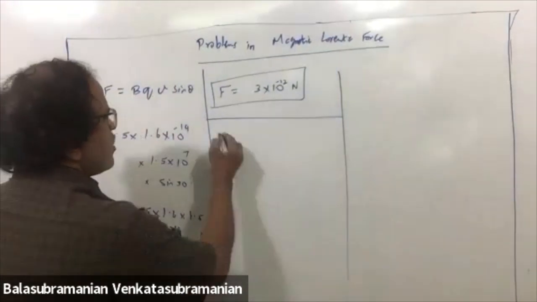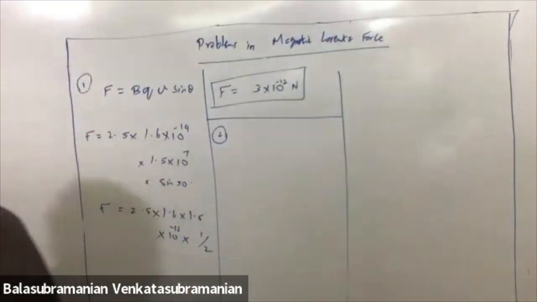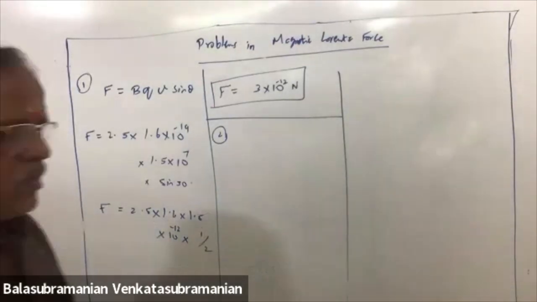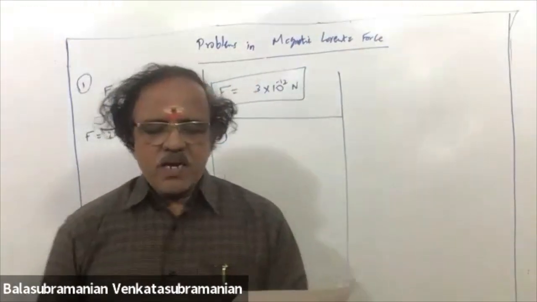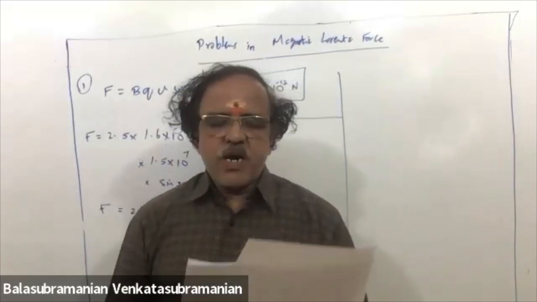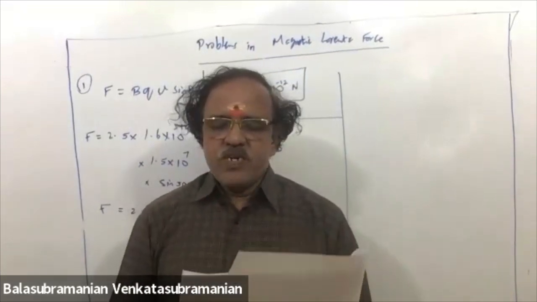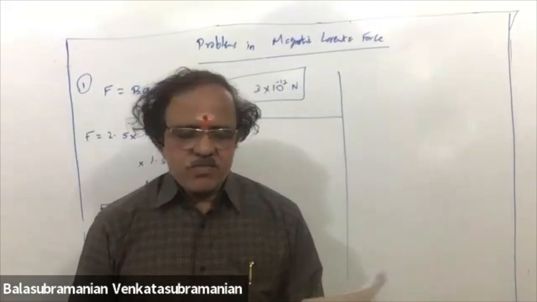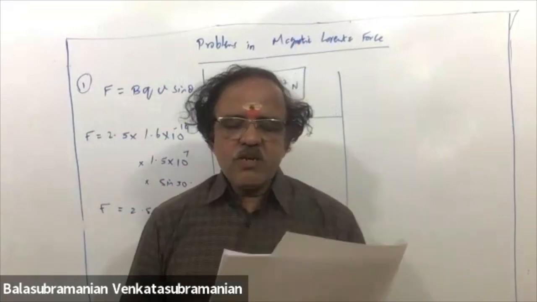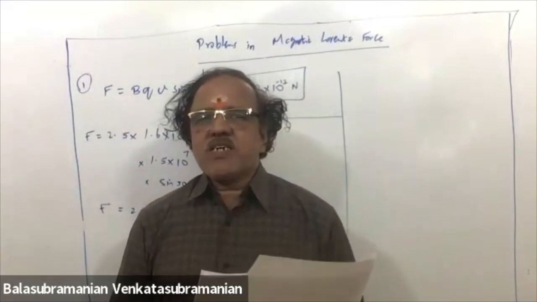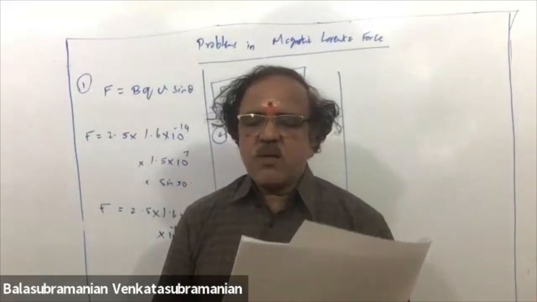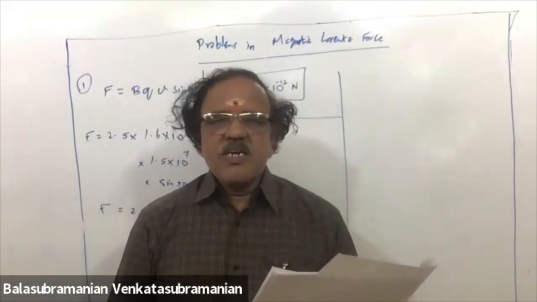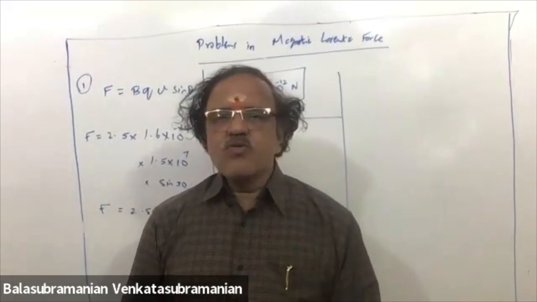Okay, second one. An alpha particle is projected vertically upward with a speed of 3 into 10 power 4 kilometer per second in a region where a magnetic flux density or magnetic field of 1 Tesla exists in the direction south to north.